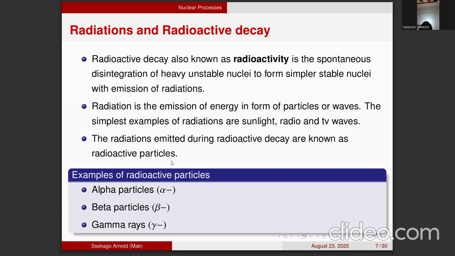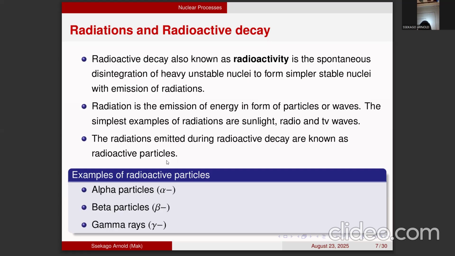I go back to radioactivity. I have said radioactivity simply means breaking down of a huge nucleus into simpler stable nuclei, and that process is accompanied by emission of particles. Those particles that are emitted are known as radioactive particles.